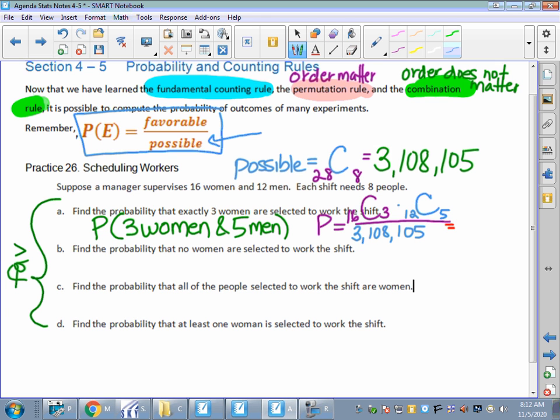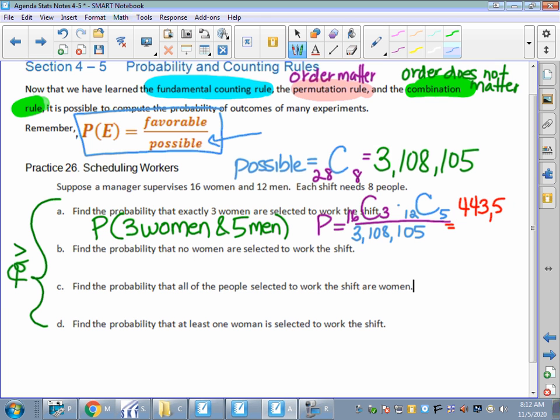So when you do your calculator, hopefully you've got the TI-84 or app figured out. I usually do 16 combination 3, hit equals, and then multiply it by 12 combination 5, or do the two of them, whatever works best for you. When I did that numerator, I ended up with 443,520.